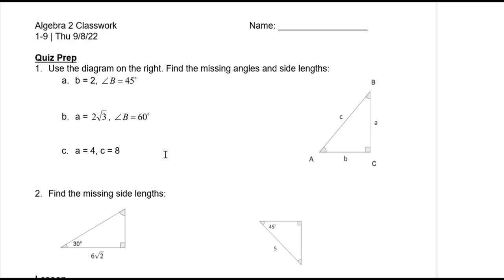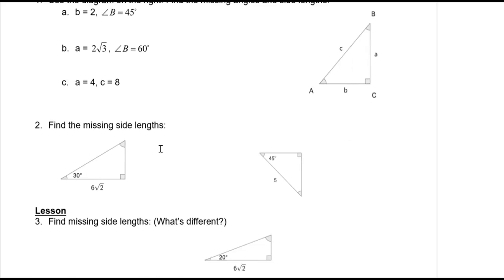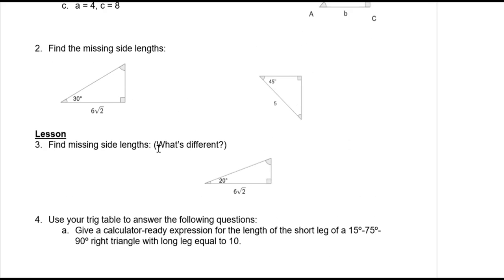If you look at problems 1-9 on the handout from Thursday, you'll see the only difference between the first part of problem 2 and problem 3 is the angle. In the first case it's 30 degrees, and we know all about 30-degree triangles. We have the proportions memorized, so the side across from this is half of the hypotenuse.